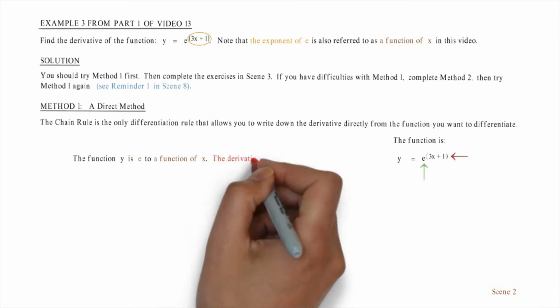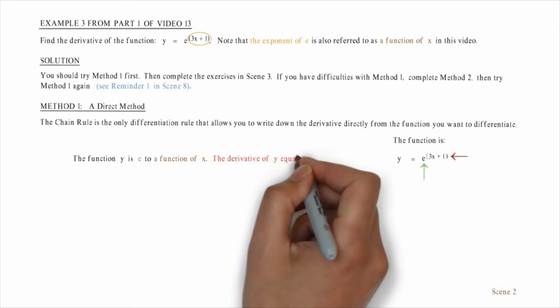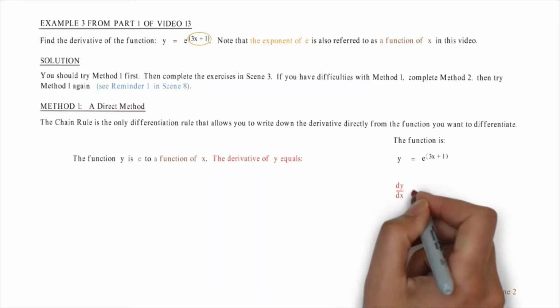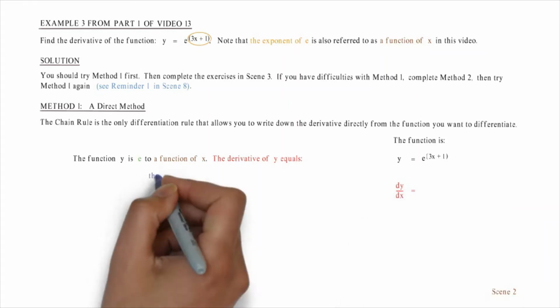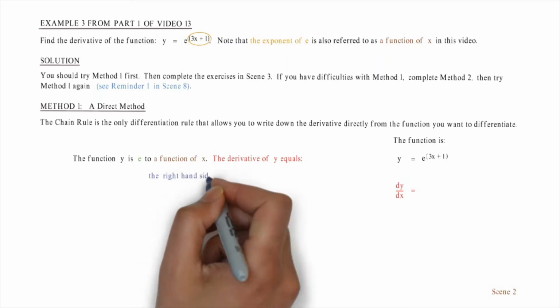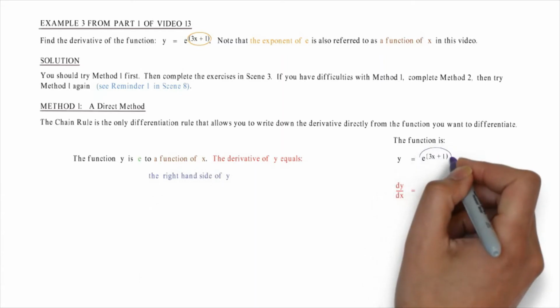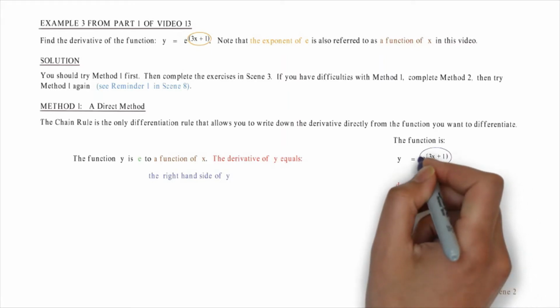The derivative of y, dy by dx, equals the right-hand side of y, which is e to the 3x plus 1.